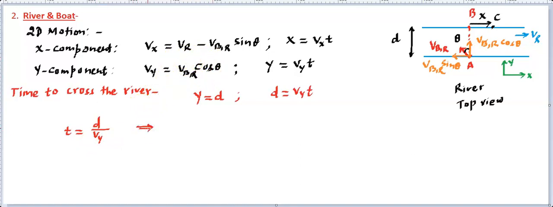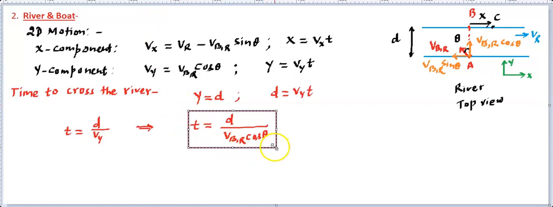So from here we got a formula. Time to cross the river is the width of the river divided by the velocity of the boat in the river into cos theta. So that is an important formula, and simple as well, and it has to be remembered. And how to use it?